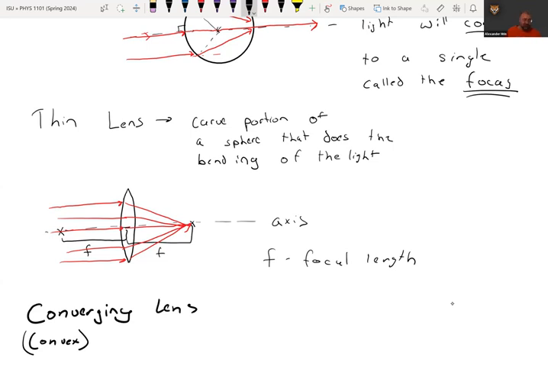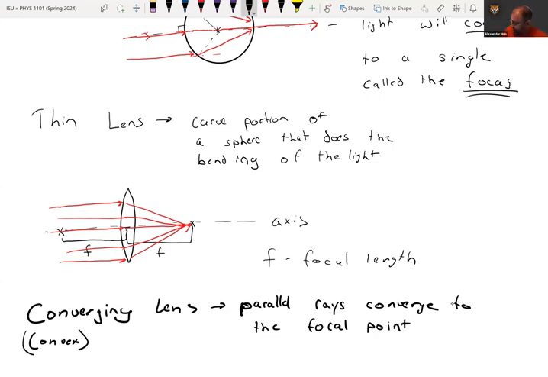It's still a converging lens, which is why the term converging lens is a little bit better. And the whole idea is it's converging because the parallel rays converge to the focus. This will be contrasted with a diverging lens, where the opposite will happen, but we'll get to that in a bit.